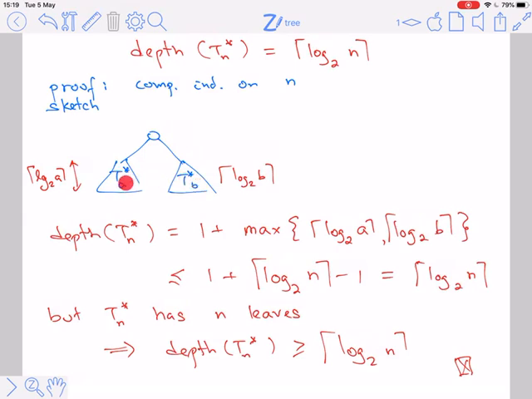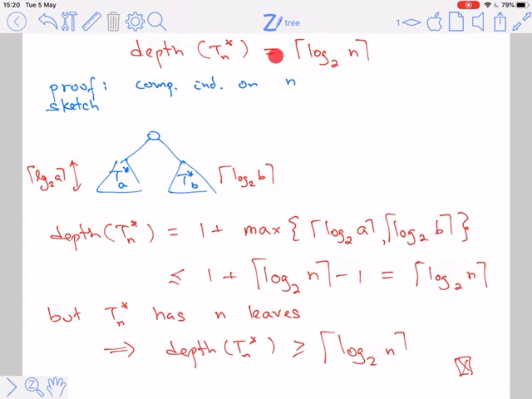The induction hypothesis tells me that the depth of this left subtree is log of A rounded up, and the depth of this subtree is log of B rounded up. Therefore, the depth of T n star is the maximum of these two depths plus 1. Now the balanced partition tells me that the maximum of these two logs is less than or equal to log base 2 of n minus 1. I have minus 1 plus 1, I get log n rounded up, and I'm done with the inequality in one direction.